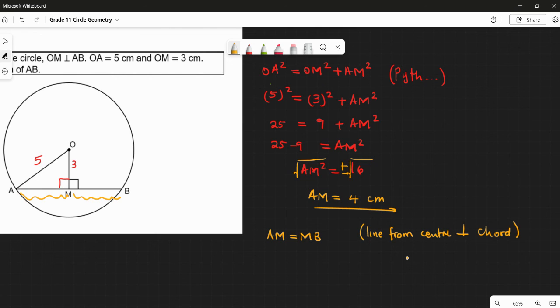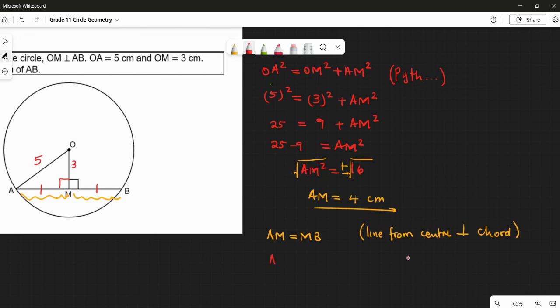That's why AM is therefore equal to MB. Now that we have written that, let's add this information here. Since AM is equal to MB, that means AB is 2 times either AM or MB.